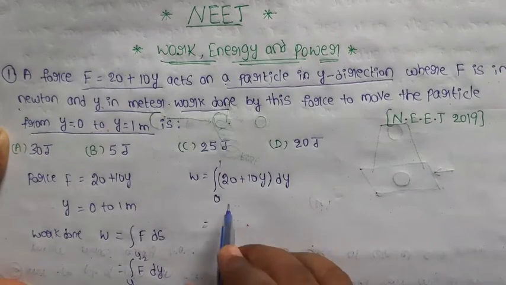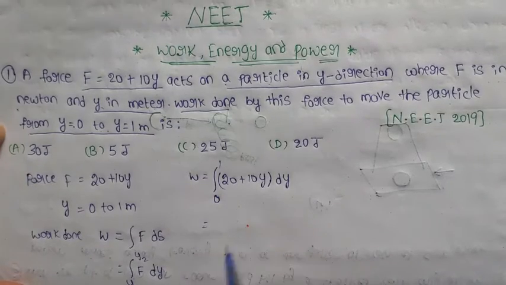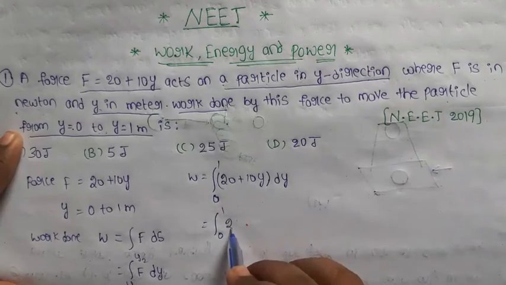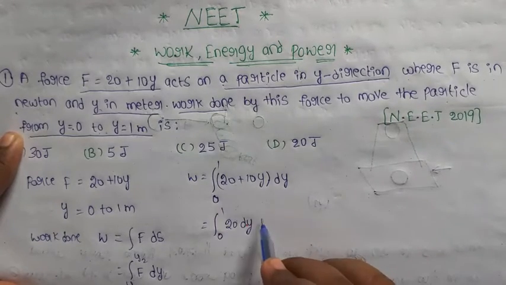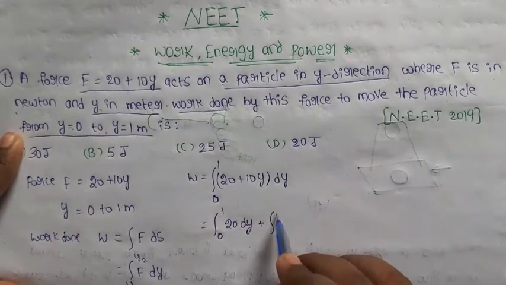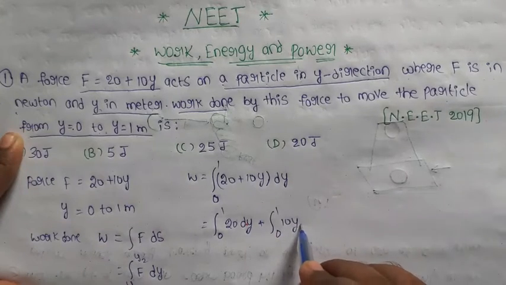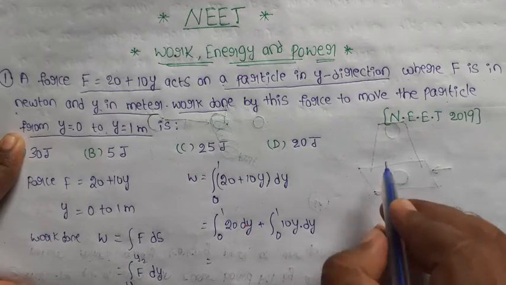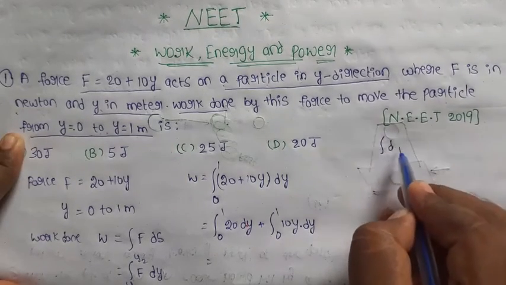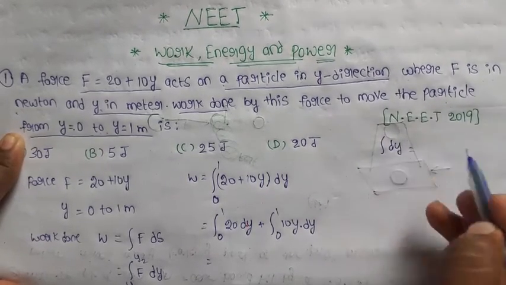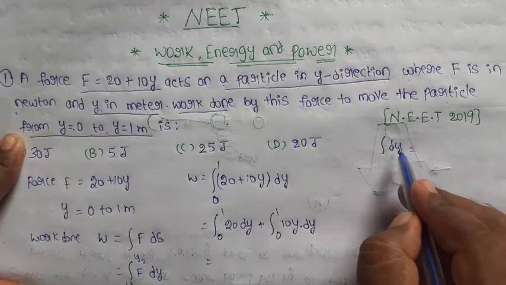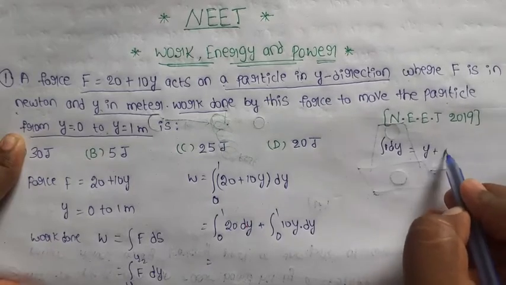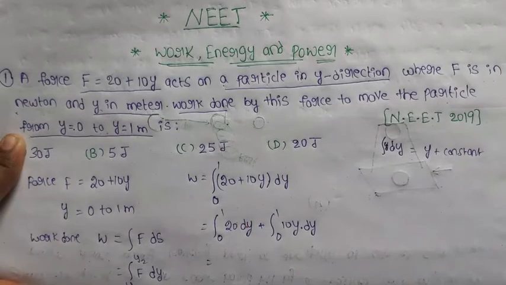So I am going to integrate the equation. Integral of 0 to 1, 20 into dy, this is one part, plus integral of 0 to 1, 10y into dy. Here 20 is the constant, so integral of dy, I am taking as 1 into dy, equal to y plus constant.